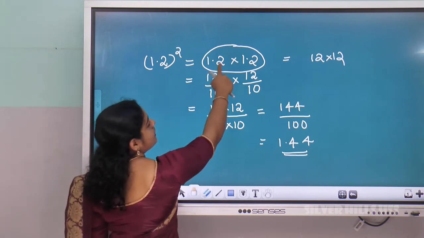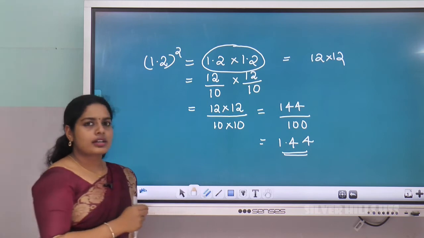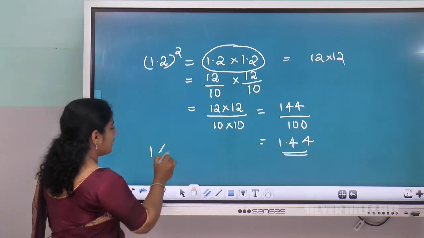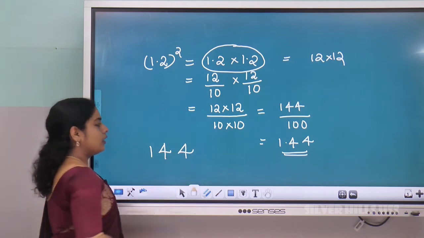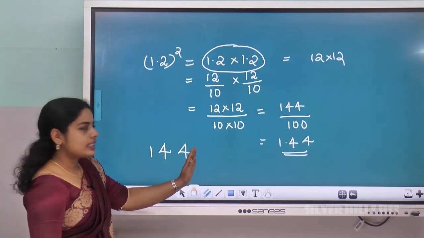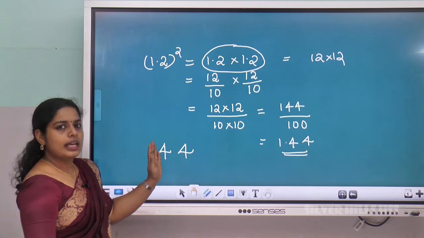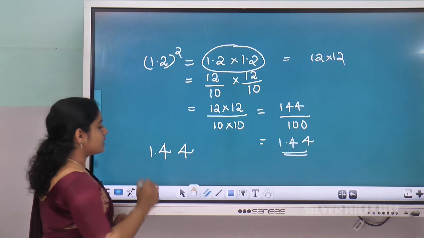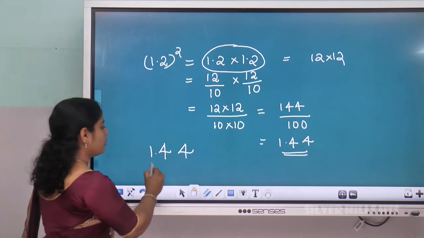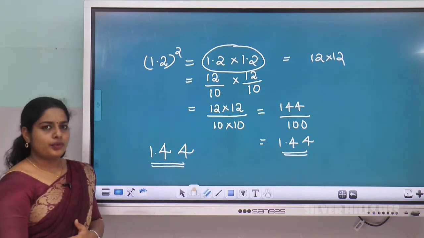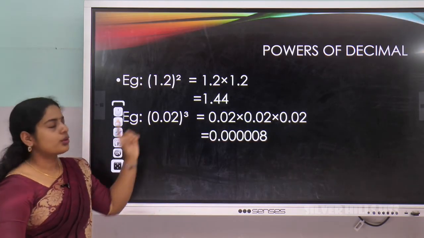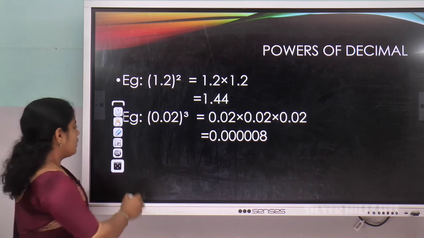Here we have 1 digit, here we have 1 more digit. So in total we have 2 digits. Now from the right side of this answer count up to 2 and then put the decimal point. 1, 2. After 2 digits we put the decimal point. You will get 1.44.